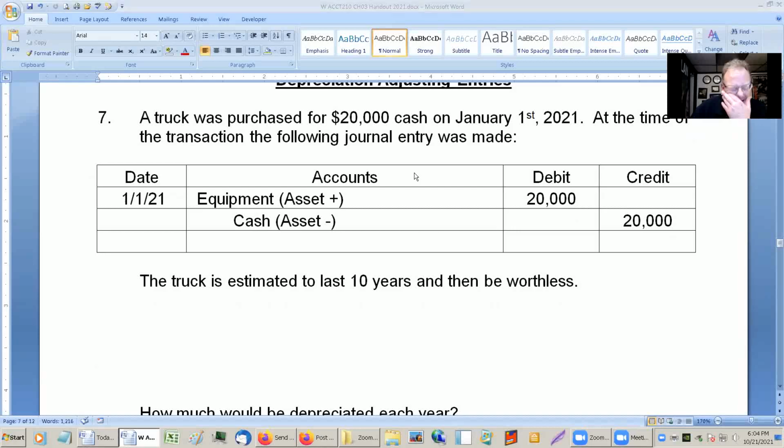Now, number 7. The idea for all of these is actually rather simple. You're trying to get all the revenues and all the expenses for the year, say 2021, in the same period, which is a real easy concept.